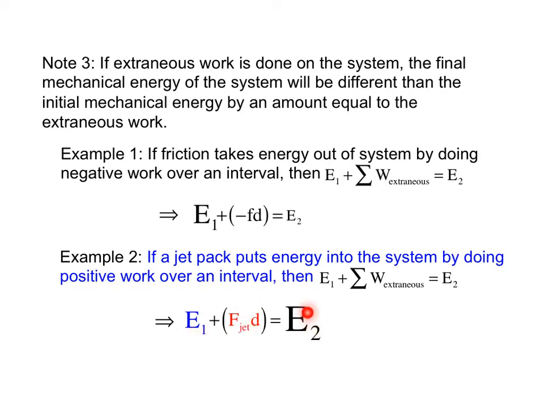And by the time you get done, the object is either gone higher than it normally would have, or it's moving faster than it normally would have. In some way, shape, or form, though, its final mechanical energy is greater than it started out with. And the reason why is because you've done positive work that's put energy into the system over the interval.